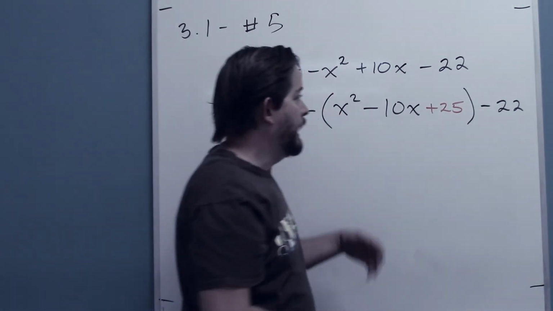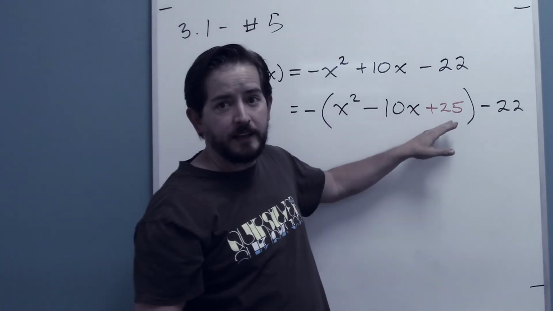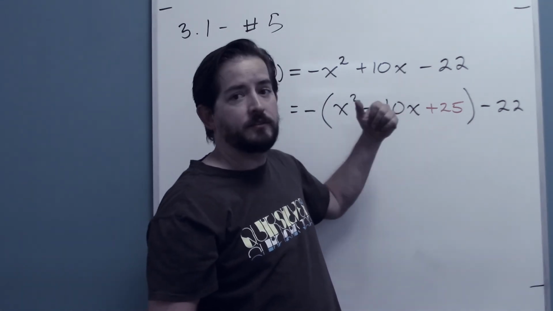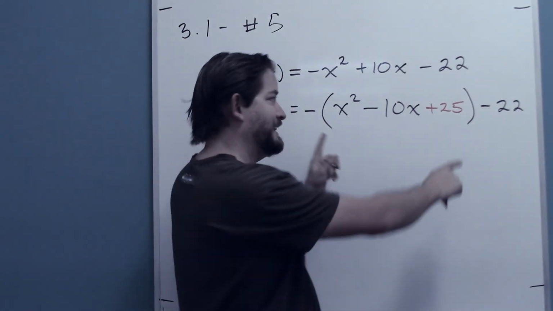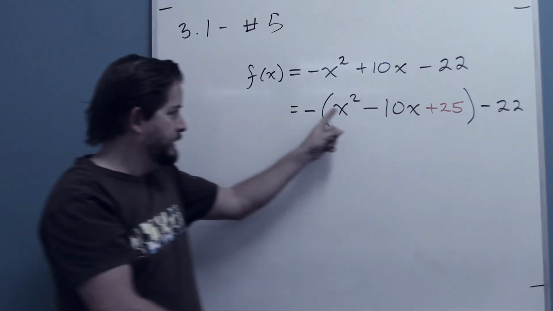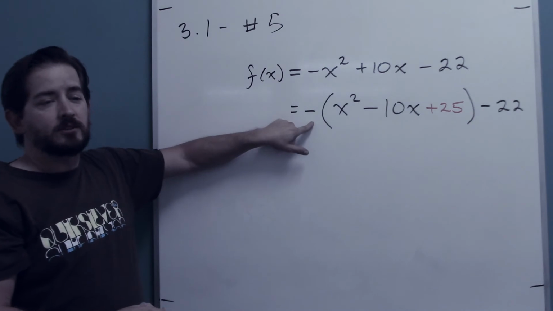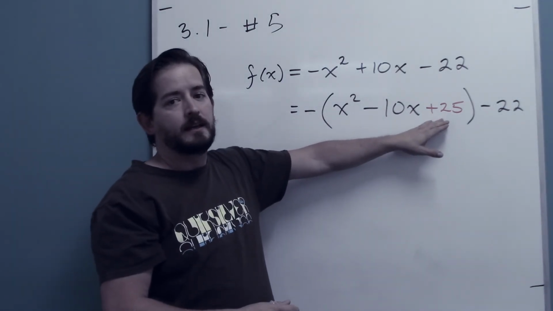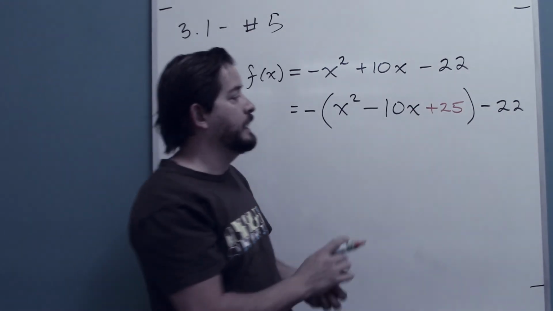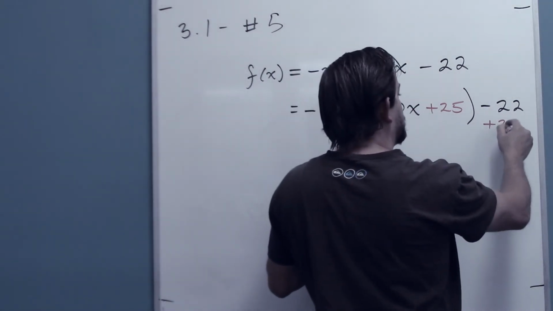Okay? And just like the last one, if I add something to this side of the equation, I have to also subtract it. But I have to be careful because I added 25 inside these parentheses that has a minus on it. So really I've subtracted 25 from the right-hand side. And so to counter that on the outside, I have to add 25. Right?